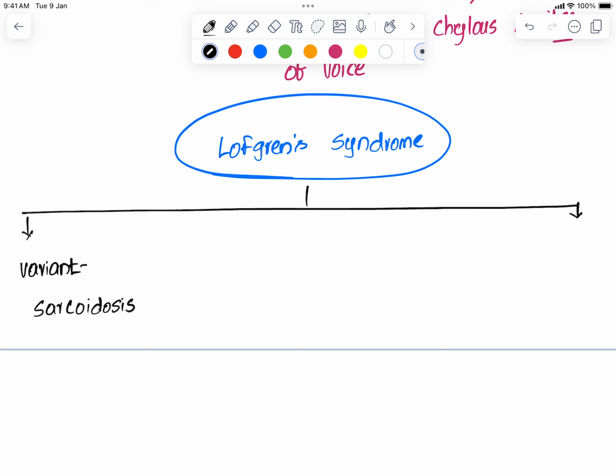In this individual, you have erythema nodosum, bilateral hilar lymphadenopathy, and there can also be an association with arthritis. So this is about your Lofgren syndrome, which is a variant of sarcoidosis.